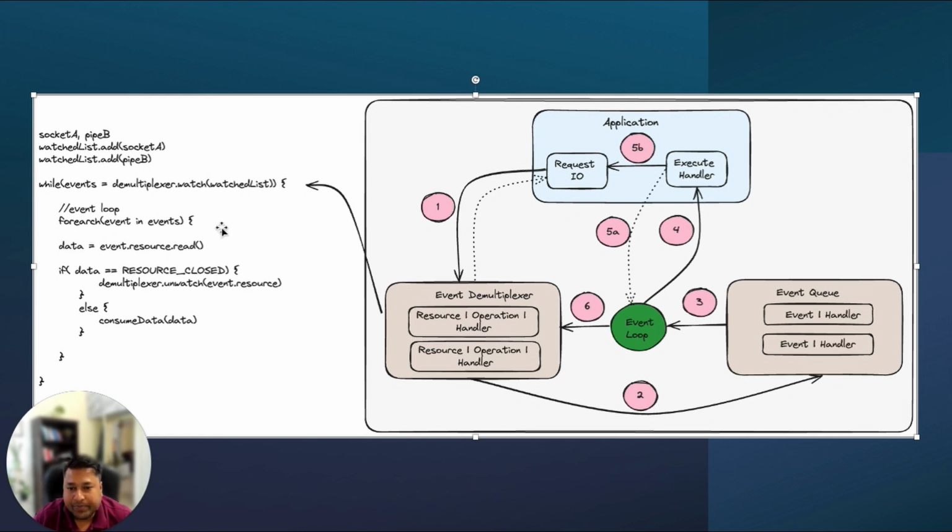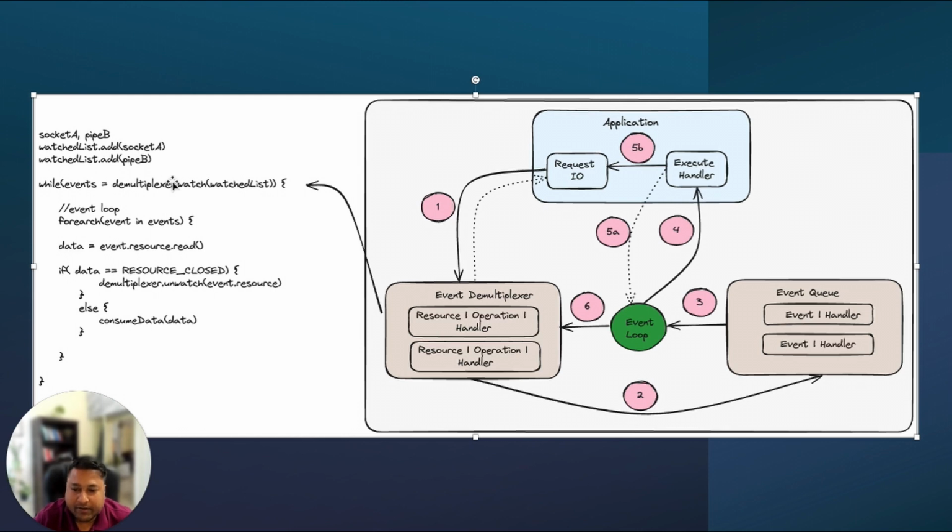There they explain that in the demultiplexer you have a watch list, and from the watch list it gets an event. So the demultiplexer maintains a list for the different resources of the operating system. If there is an event, it's not directly an event for your Node.js event loop, but your demultiplexer in your operating system converts that request into an event.